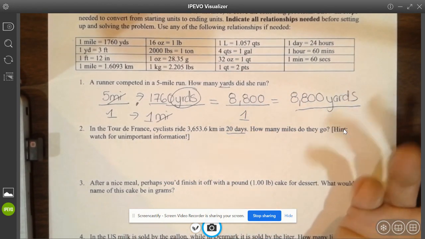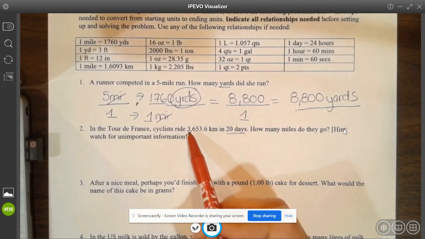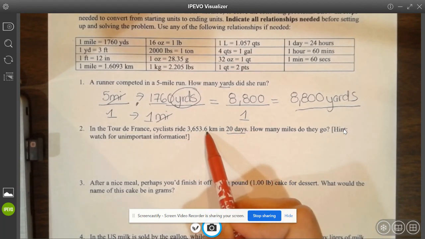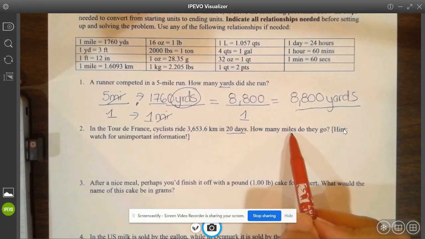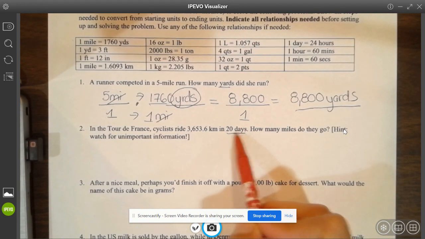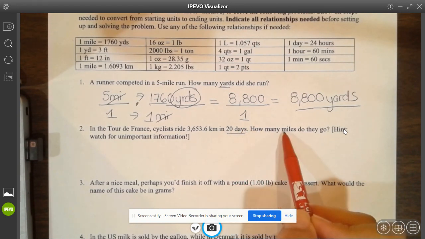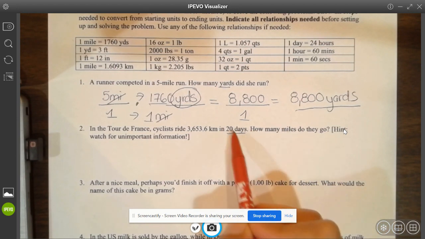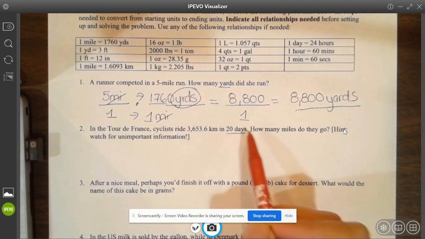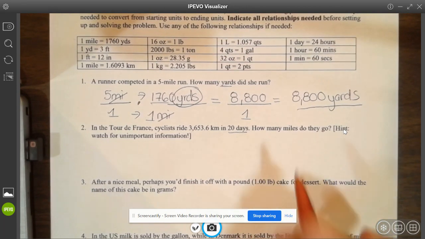Well, the 20 days doesn't really matter, because they want to know that number in miles. They're not asking for another set of days or anything. It's the same days. So this number is not needed in our calculations.